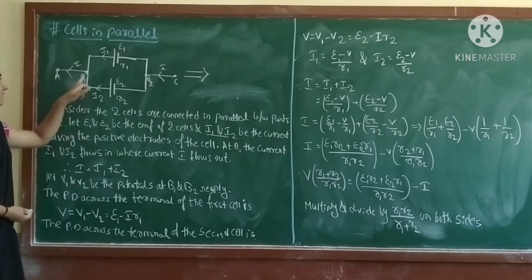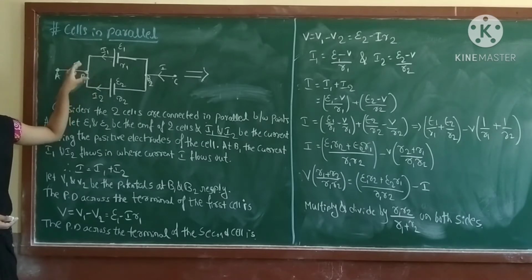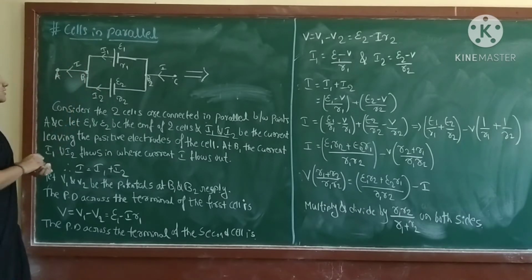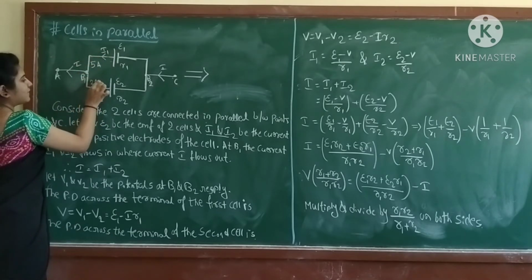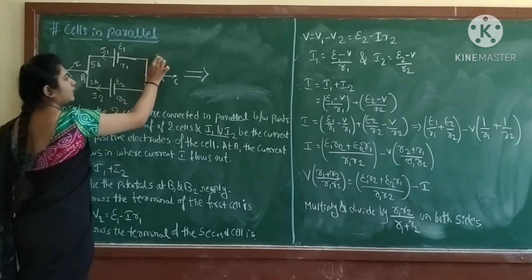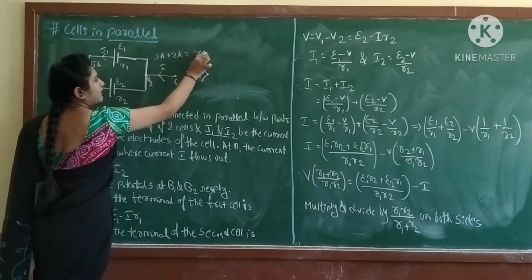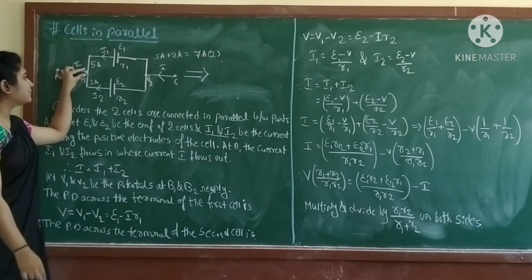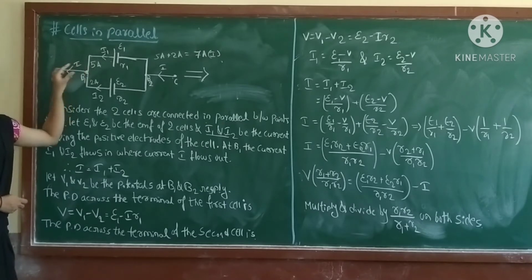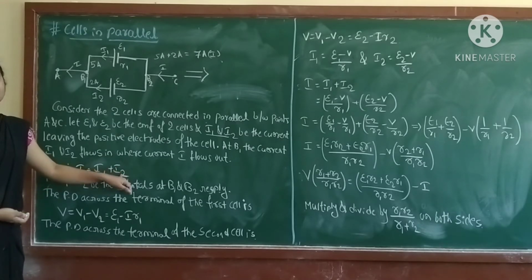That means both meet at this point and become the total current. Just consider 5 ampere coming from this side and 2 ampere from this side. What will it become? 5 ampere plus 2 ampere, total 7 ampere. So both are combined here and become the total current. So the total current I is equal to I1 plus I2.